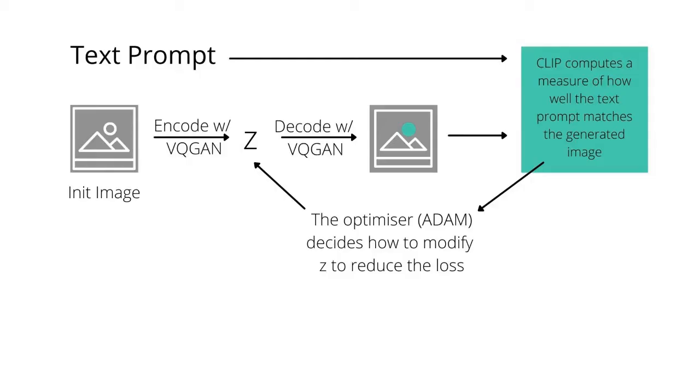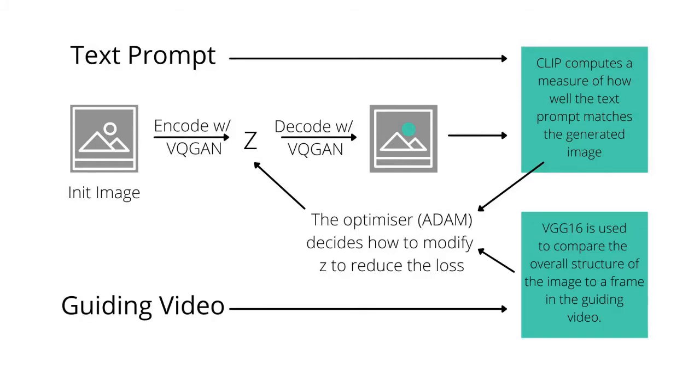So to accomplish this, what I do is I take the loss, which is just how well the generated image matches the prompt, and we add a second component to that, which I'm going to be calling content loss, right? This is some measure of perceptual similarity or structural similarity. How well does our output image match the overall arrangement and structure of the driving video?